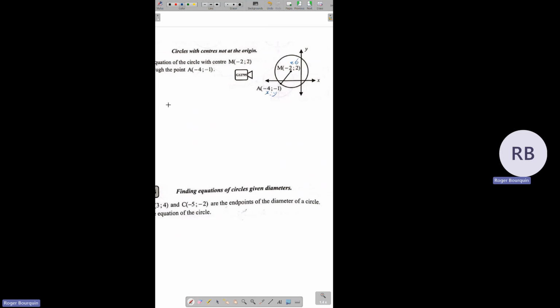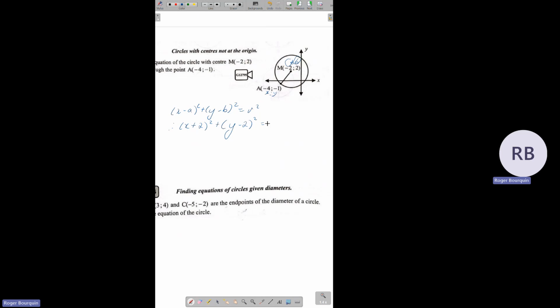To find the equation of the circle, you're going to go x minus a squared plus y minus b squared is equal to r squared. Now you know a is -2 and you know b is 2. So it's going to be x minus -2, which becomes x plus 2 squared, plus y minus 2 squared is equal to your radius squared.